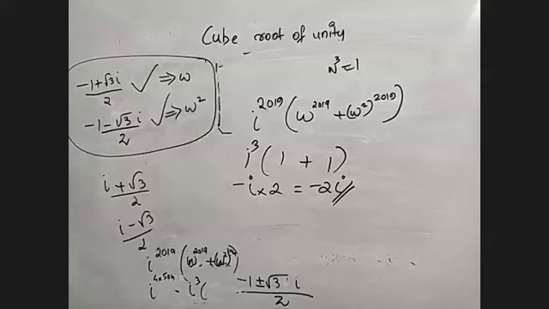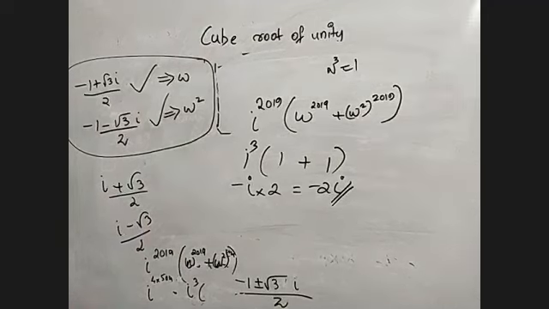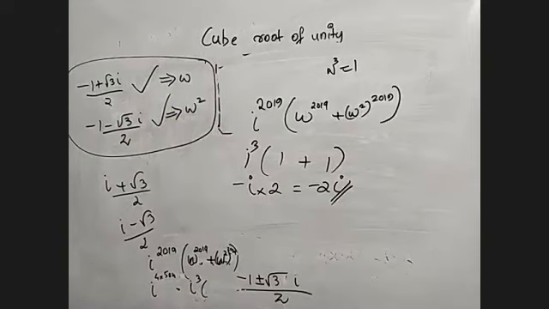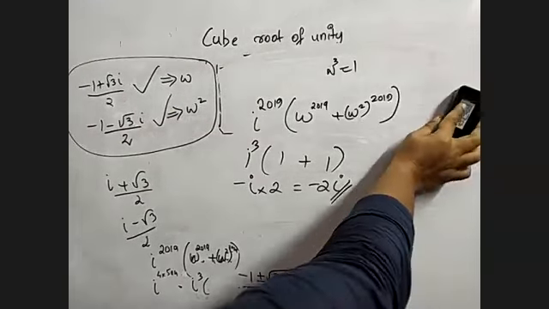Anyway, you need to study this cube root of unity because problems are asked. I'll show one more question. Have you written omega and omega square values? Now I'll give a question, do that.